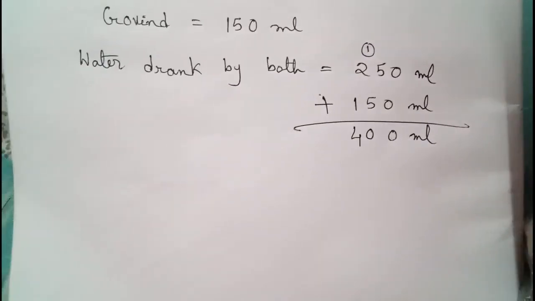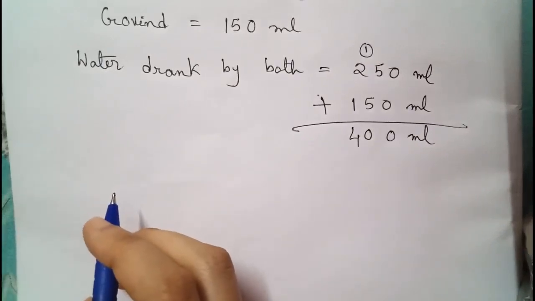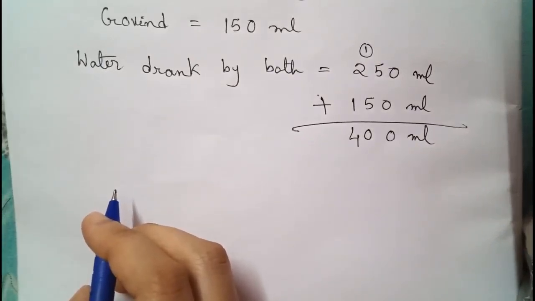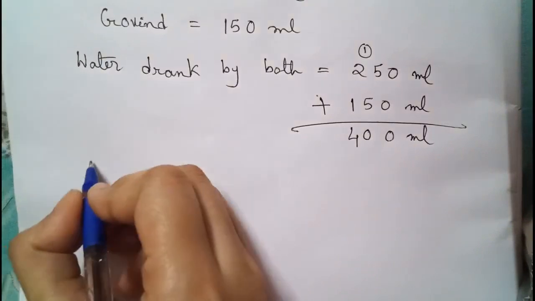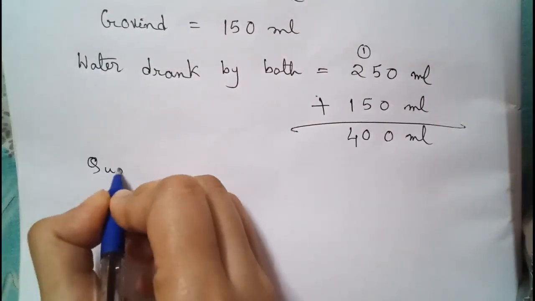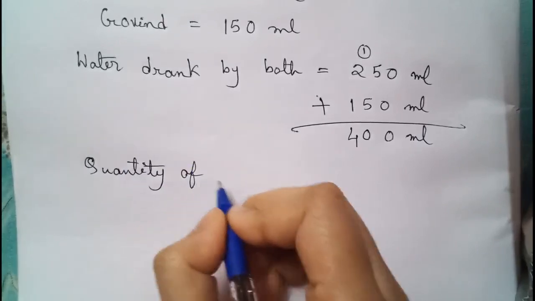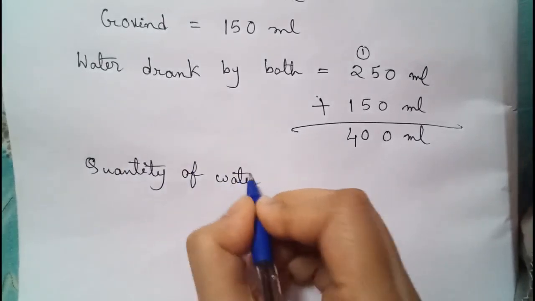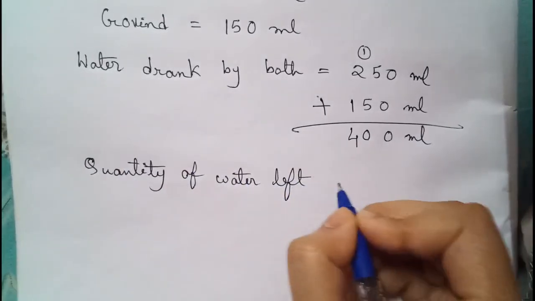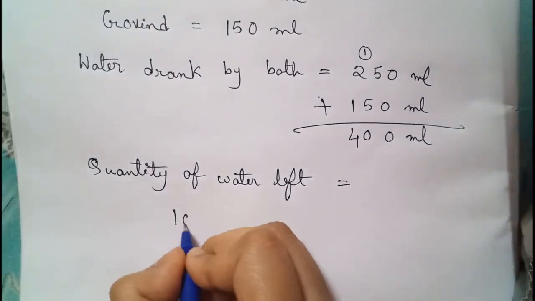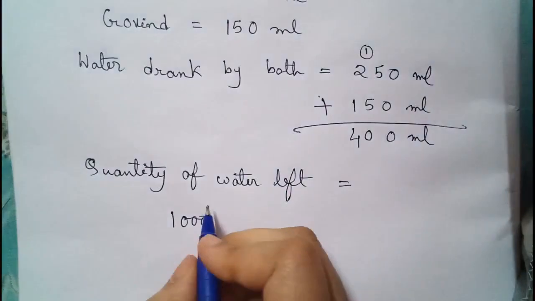So now the question is how much quantity of water is left. So now quantity of water left will be 1000. 1000 was the amount of total water in the bottle.